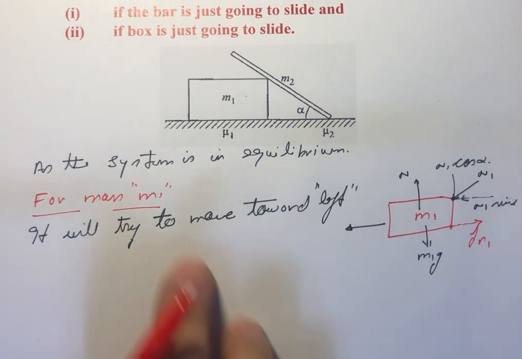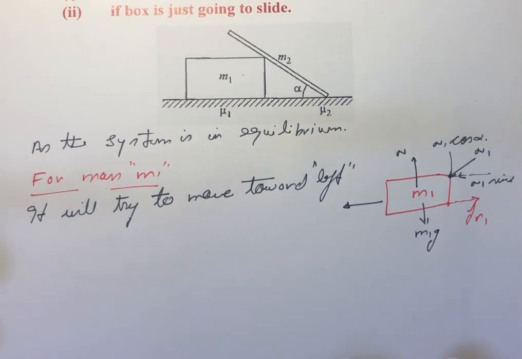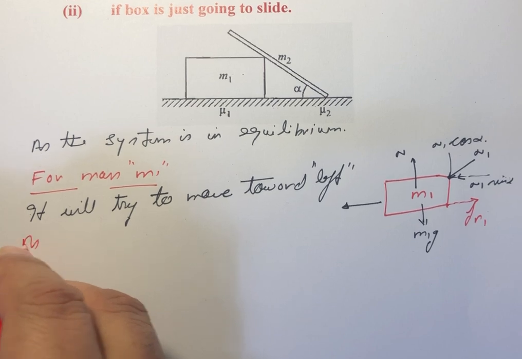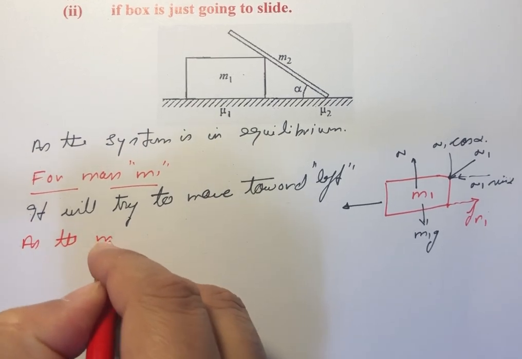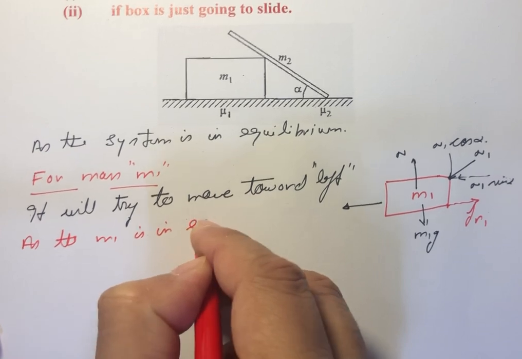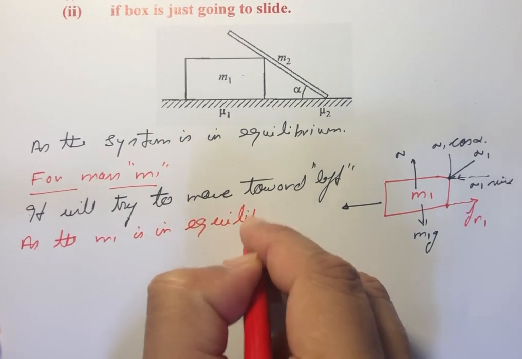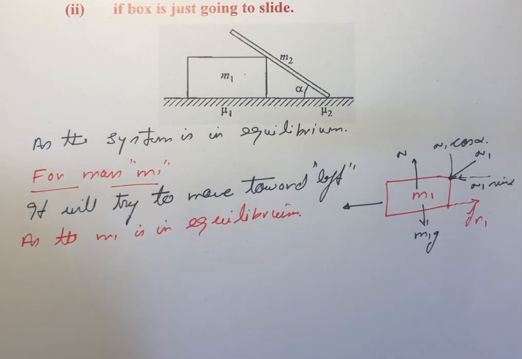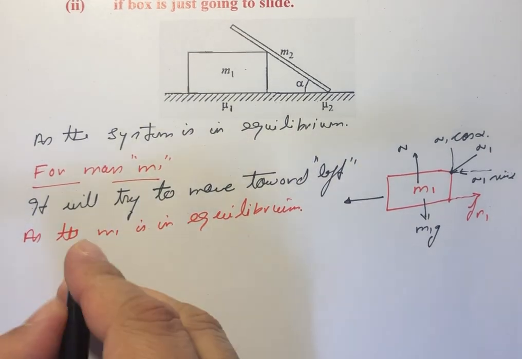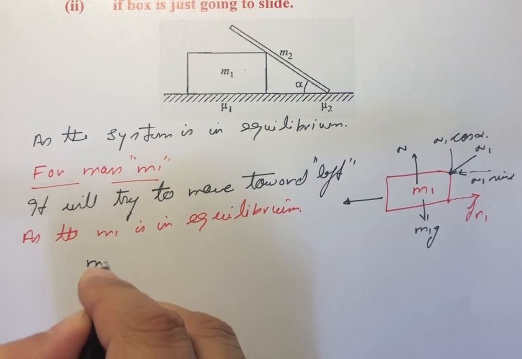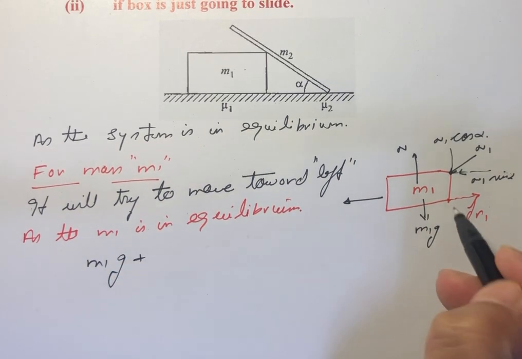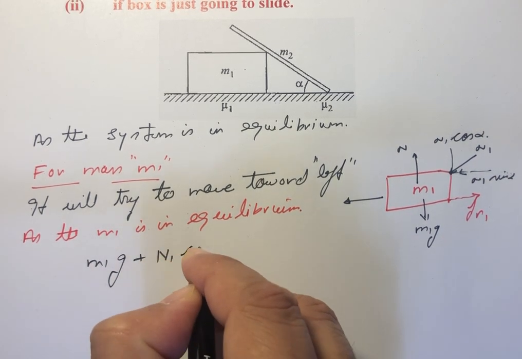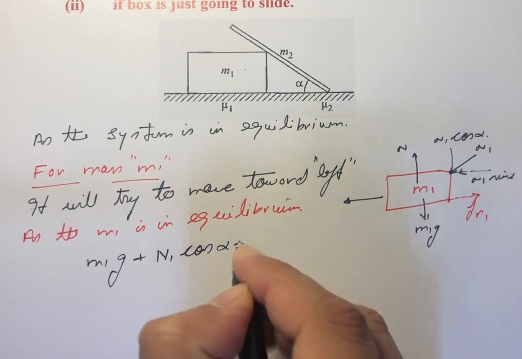So as m1 is in equilibrium, we can say that m1g plus n1 cos alpha will be equal to n.